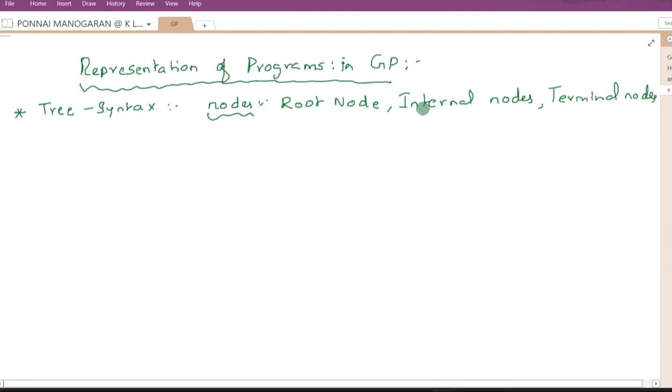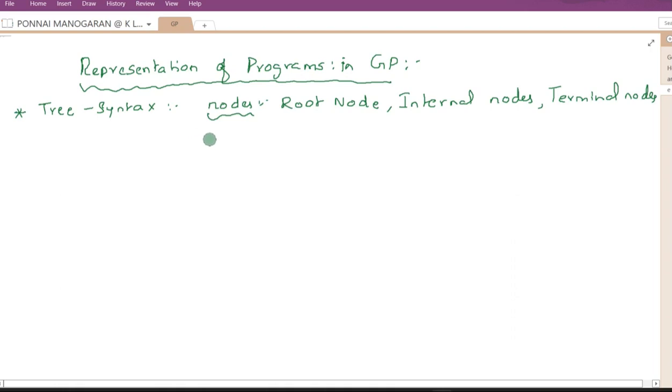Once you understand this, your root node or internal nodes may be some functions, some mathematical functions.